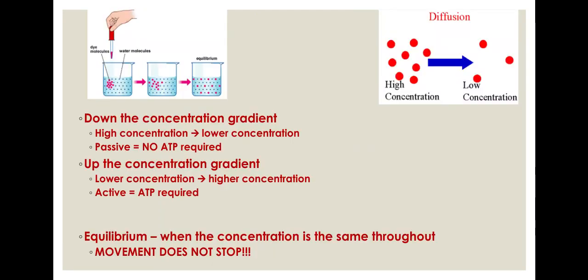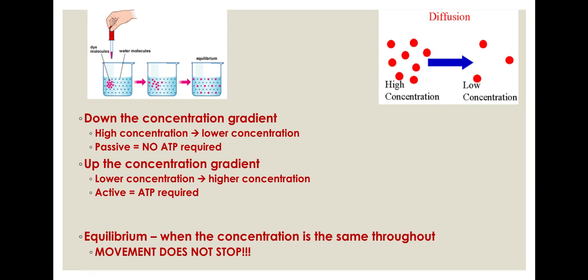When we move things down a concentration gradient from where there is a lot of it to where there is less of it, we really end up calling that diffusion. And it's passive. It doesn't require energy. The molecules just already want to spread out.